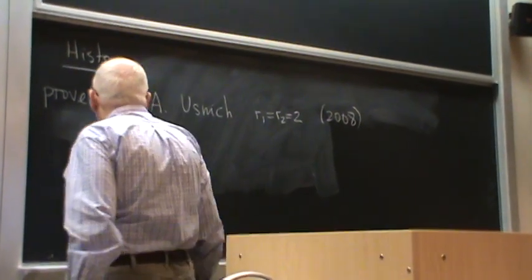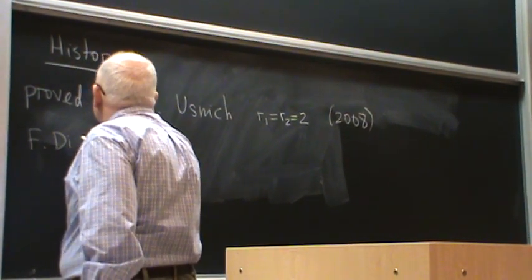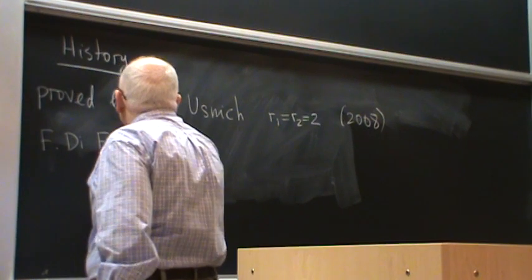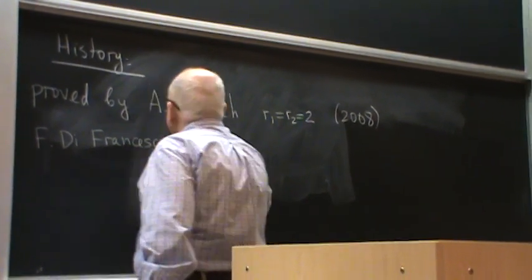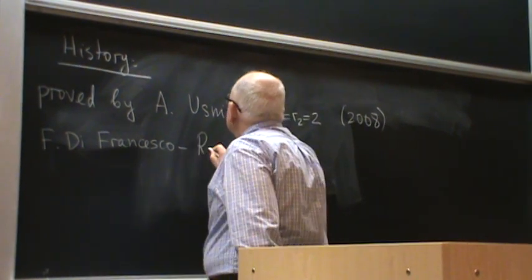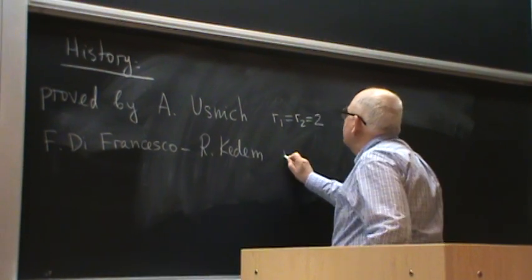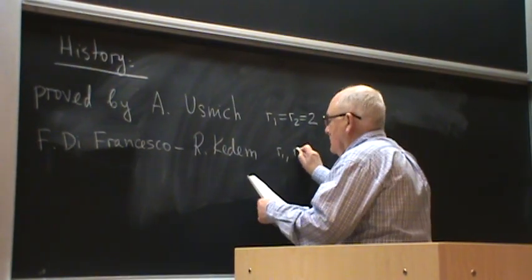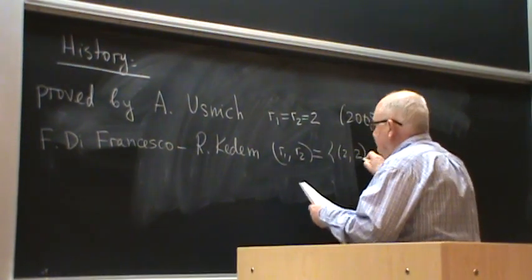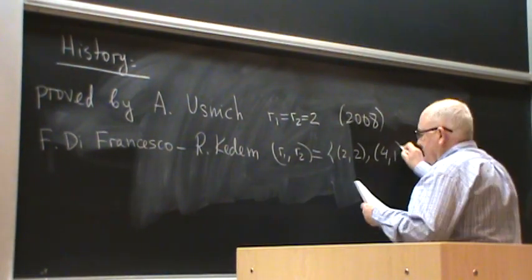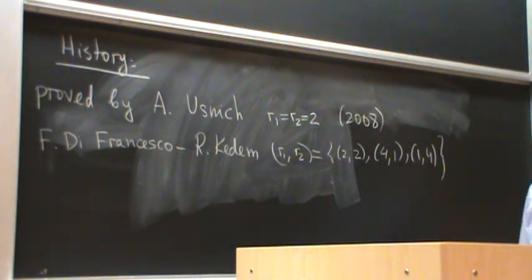Then Di Francesco and Kedem, basically two mathematical physicists, did the case when (R1, R2) are pairs (2, 2) or (1, 4).